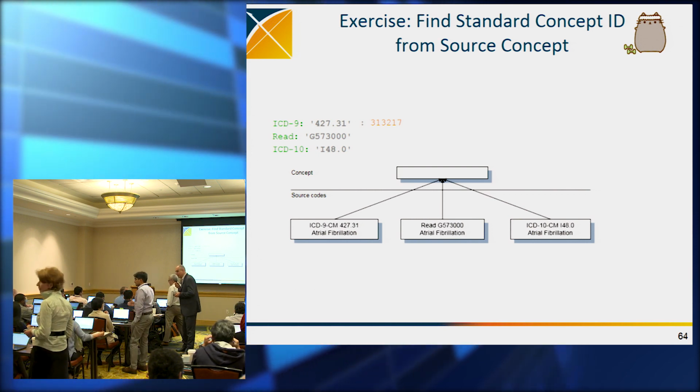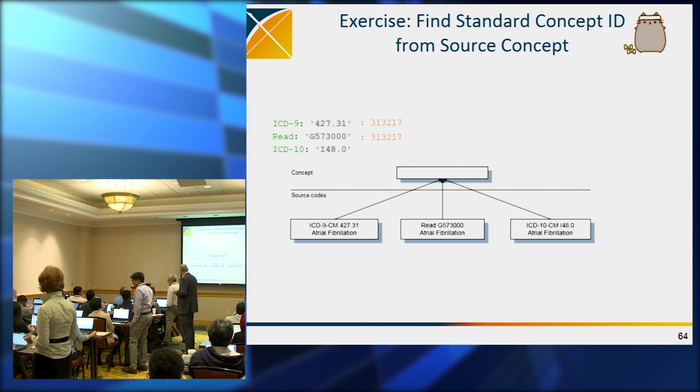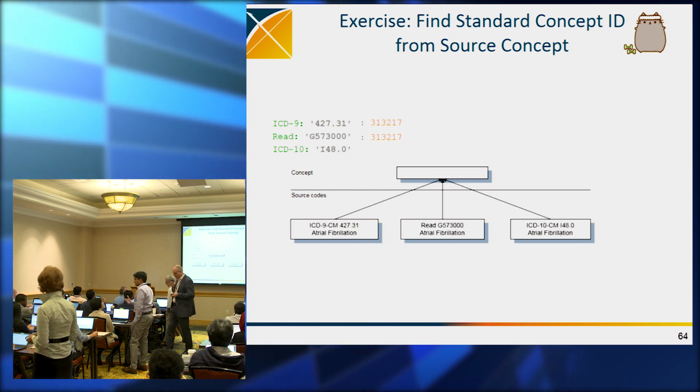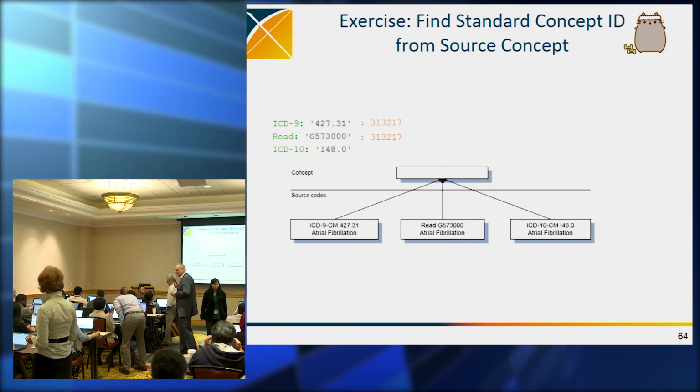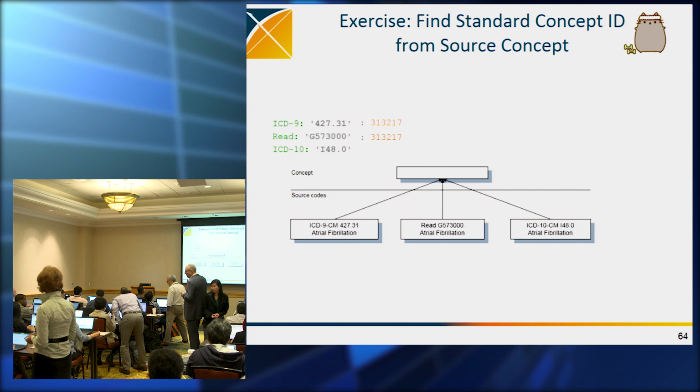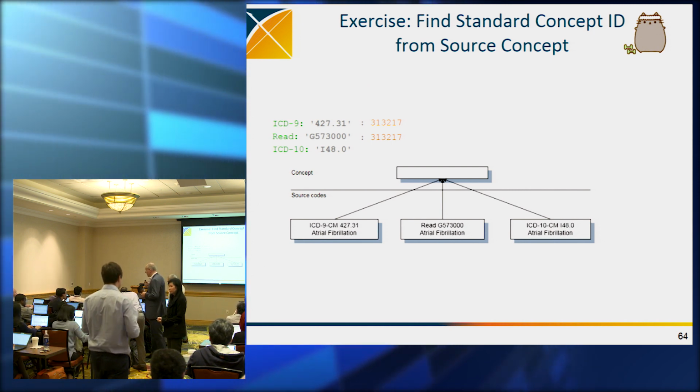And it's atrial fibrillation. We know that because that's the ICD-9 code. The G35 read code, if it were in the data, would have gotten you the same thing, 313217. It's just what read calls atrial fibrillation.